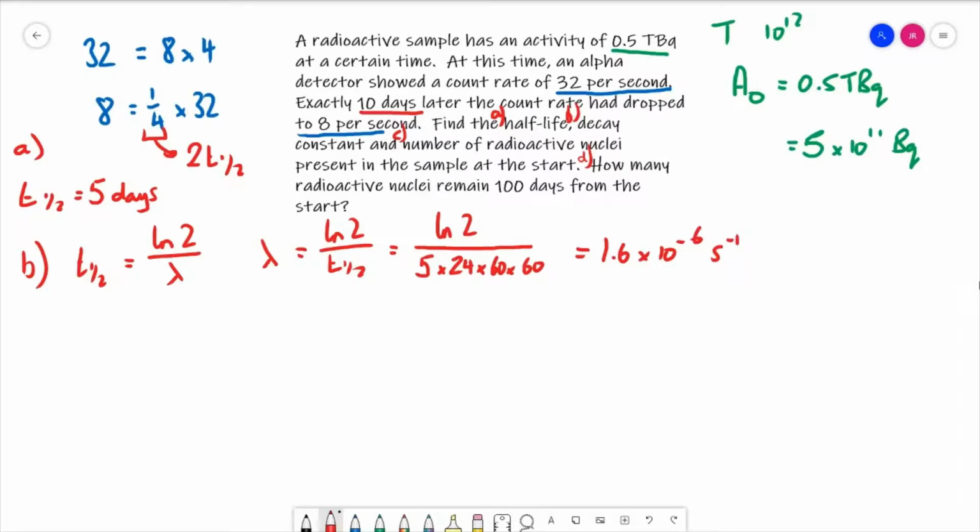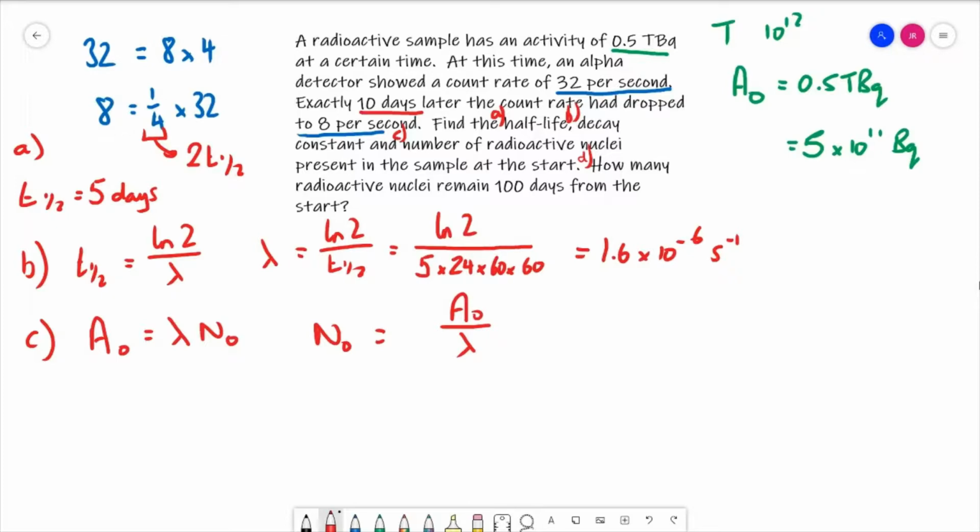The next part, part C, is to work out the number of radioactive nuclei present at the start. So the equation we're going to use here is A0 is equal to lambda N0. That's really just A is equal to lambda N, just with some zeros put on. We are working out N0, which is A0 over lambda.